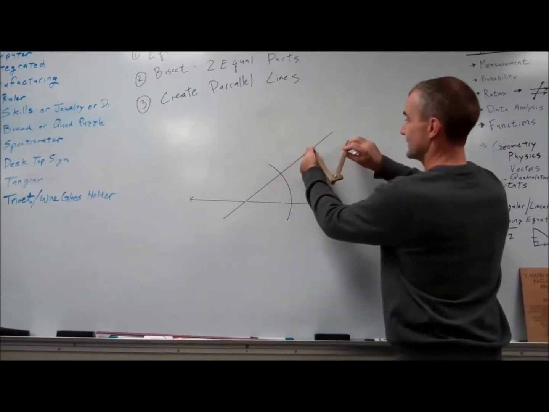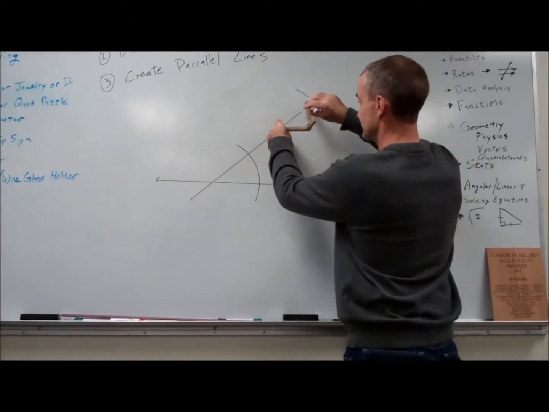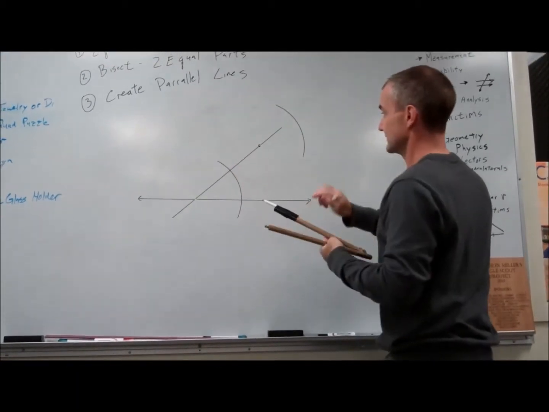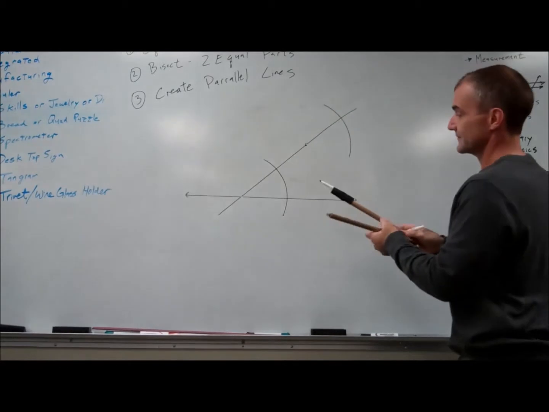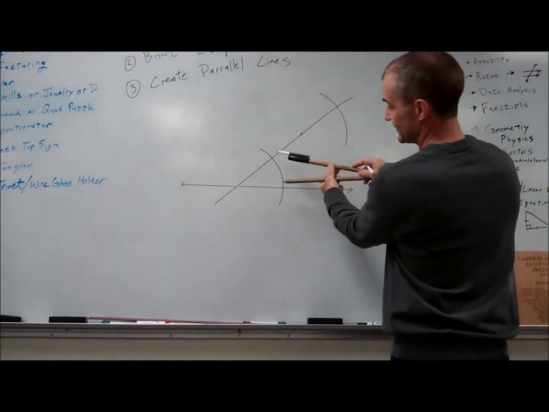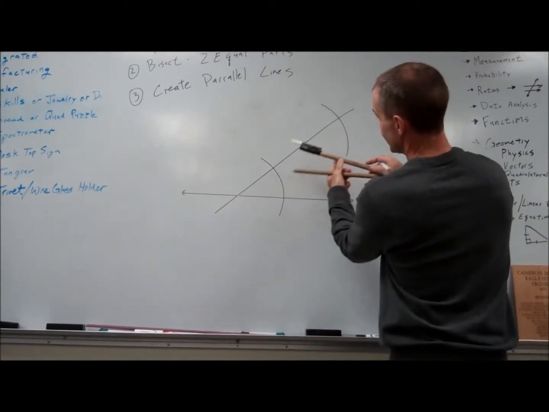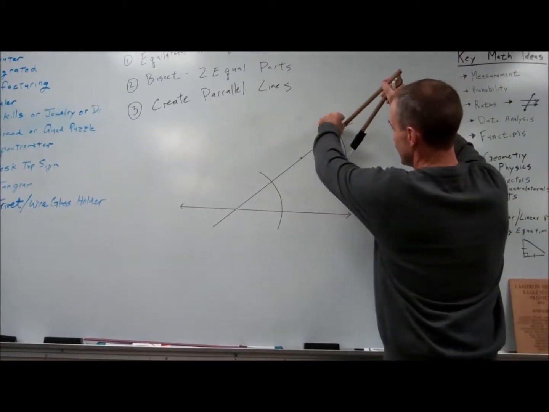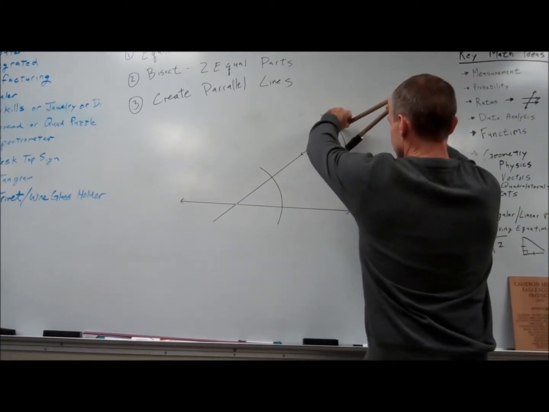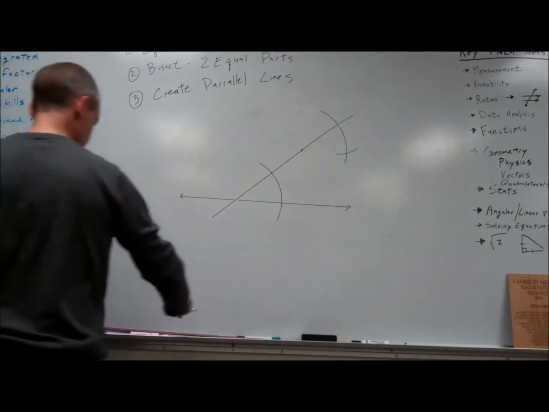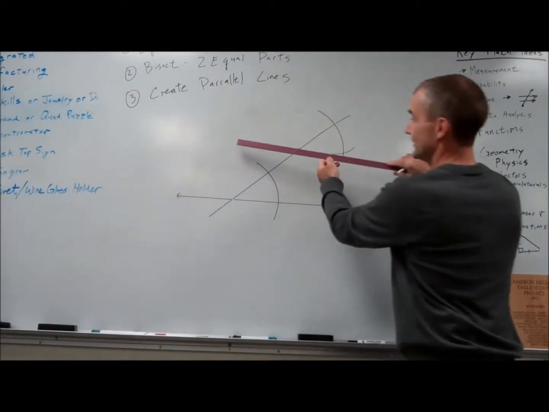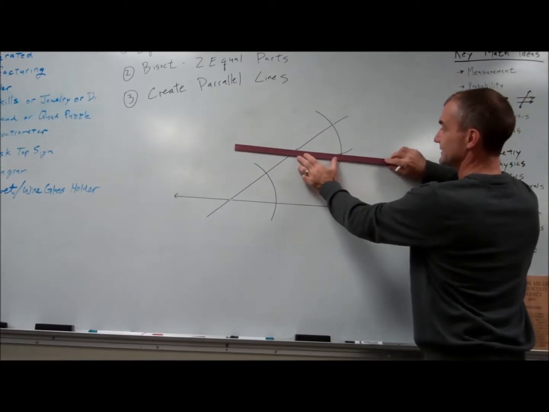I create that same arc across this. This should be a little bit longer. Then I use my compass to measure this opening, and I transfer that up here with an arc. And then I create that parallel line going through the point and that point of intersection.